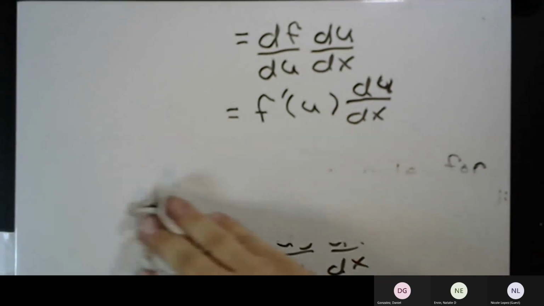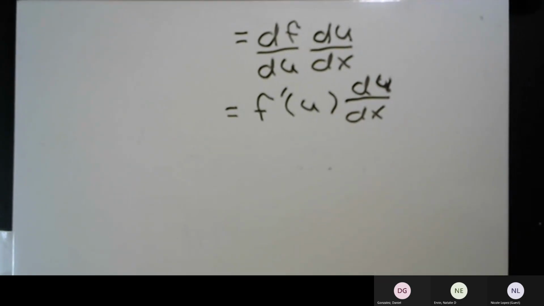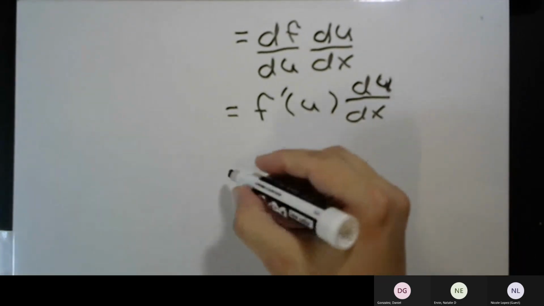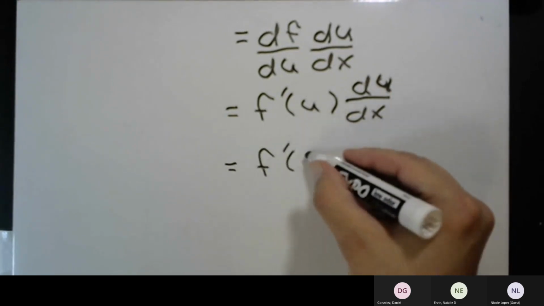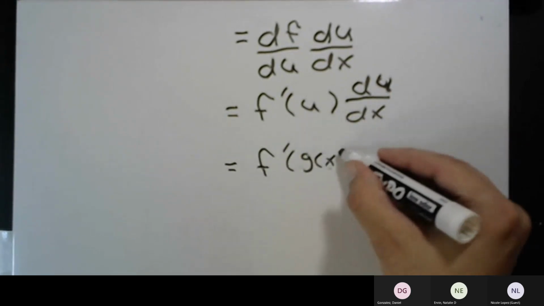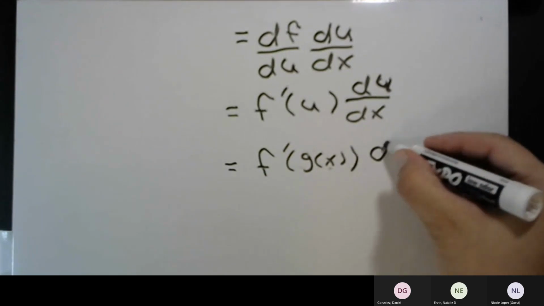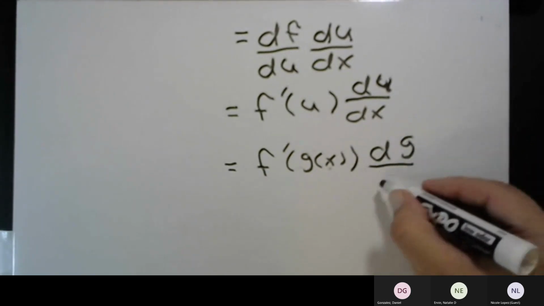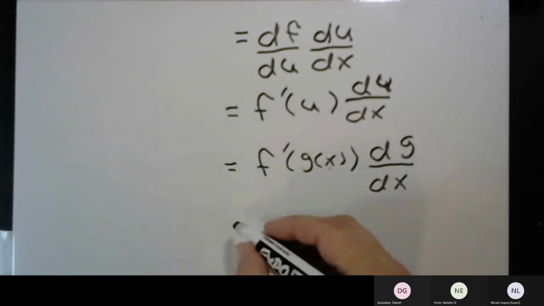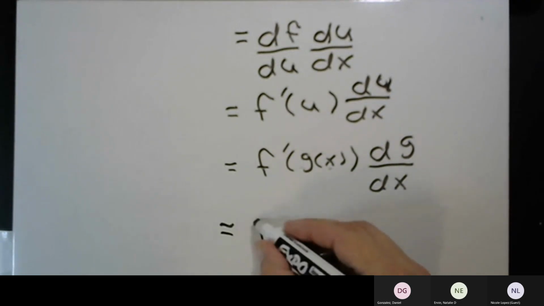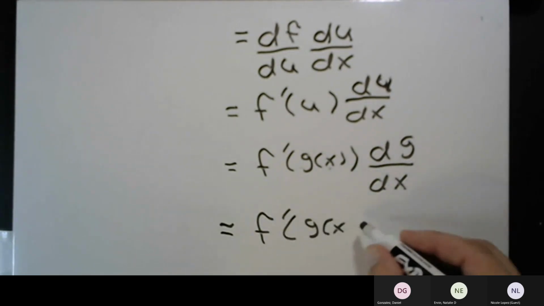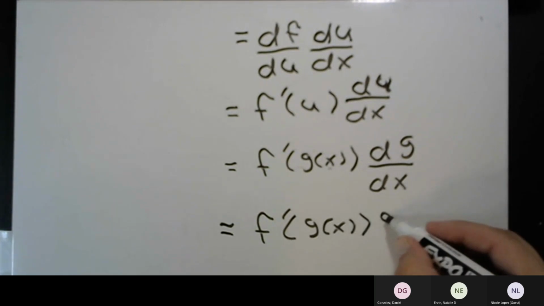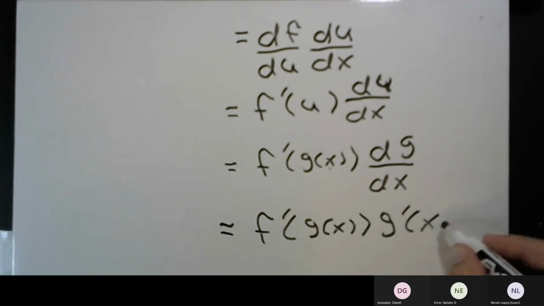Now u is equal to g. So we'll get f prime of g of x dg/dx, or f prime of g of x g prime of x.